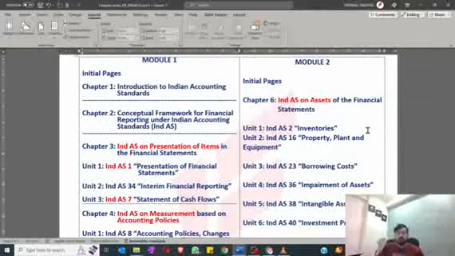GAAPs are those principles, those fundamentals on the basis of which any particular transaction is decided to be treated in a particular manner.